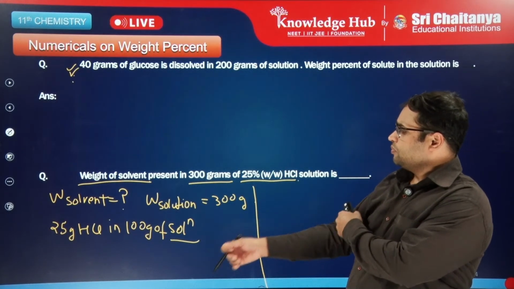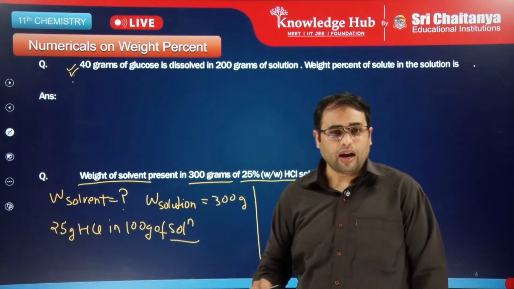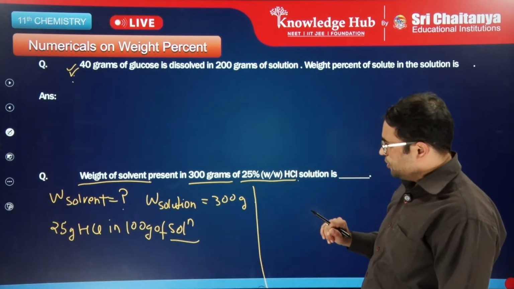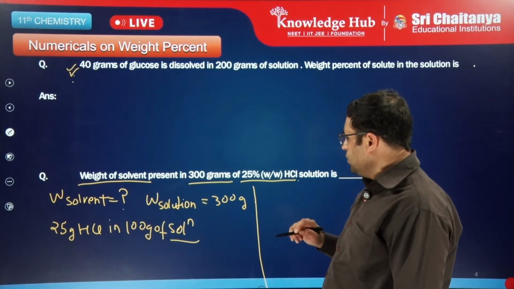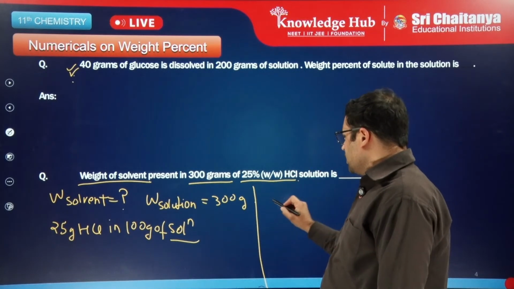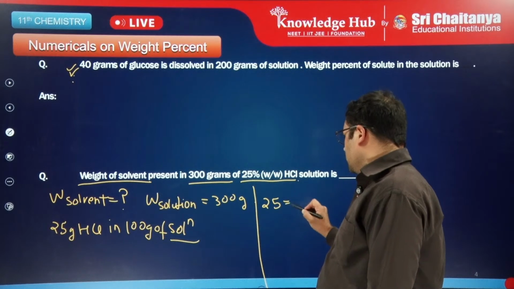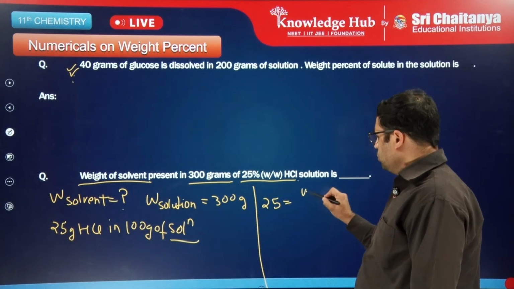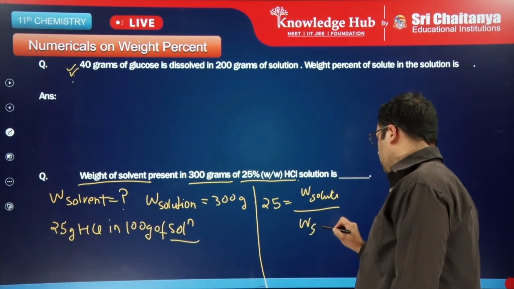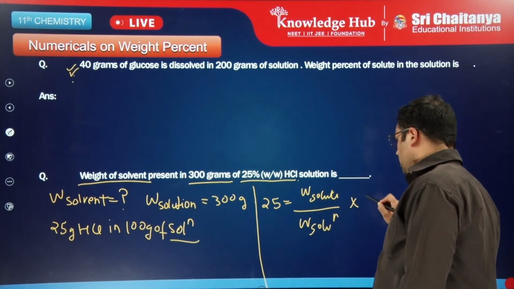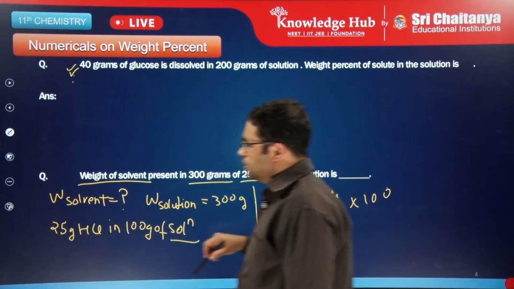That is what we mean by weight percentage. So weight of solution is given to you, and for weight percentage you can directly apply the formula here. We know that it is weight of solute by weight of solution multiplied by 100.